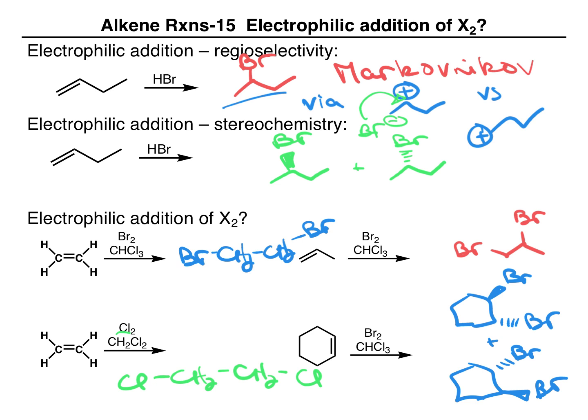Now, if this proceeded by the same mechanism that we saw up here, then we would have one bromine. Let's say if a bromine became connected to the front face, we would have a carbocation at the other position, and then the second bromine would add either to the front face or the back face at this position.